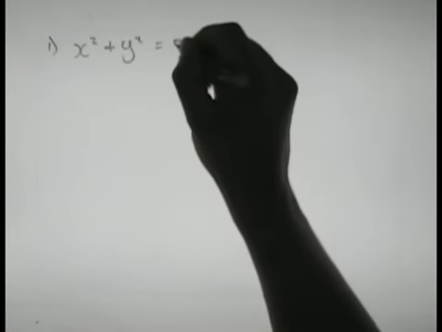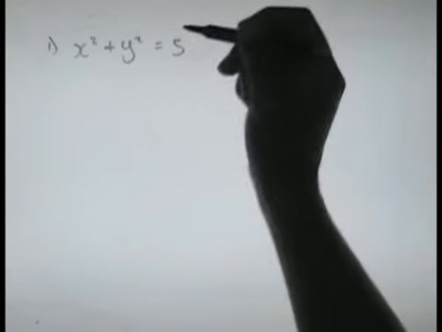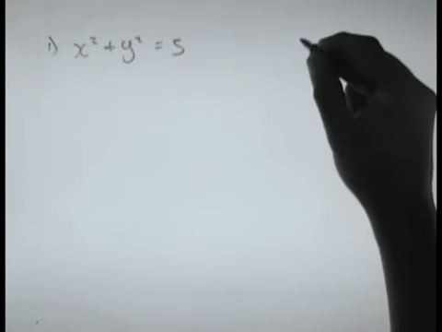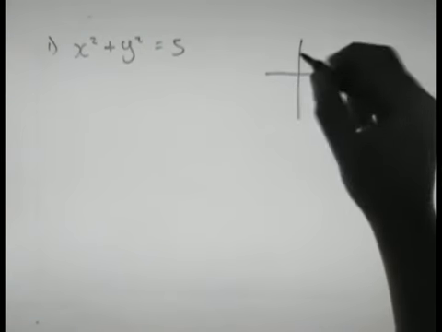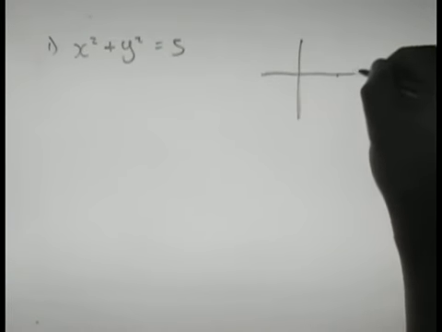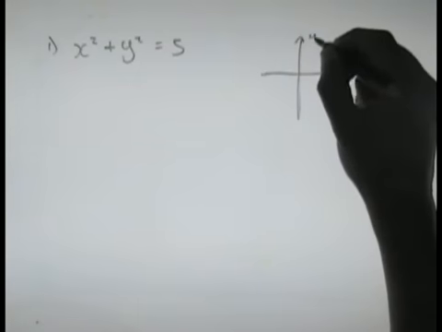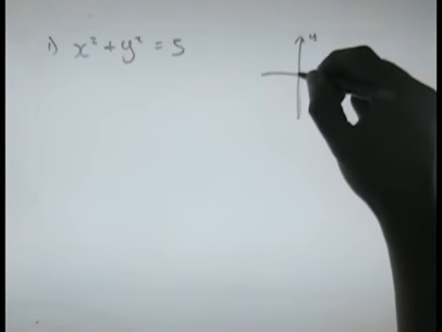The first one read x squared plus y squared is equal to 5. Now I don't need to get this into any standard form, it's already in standard form. That means that if I sketch it, because it's x squared plus y squared rather, it's going to be centered around the origin. So that's going to be its center.